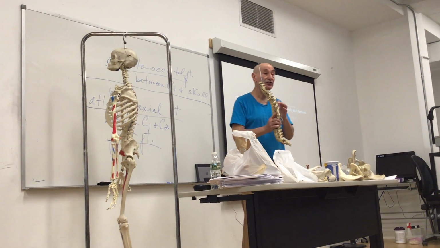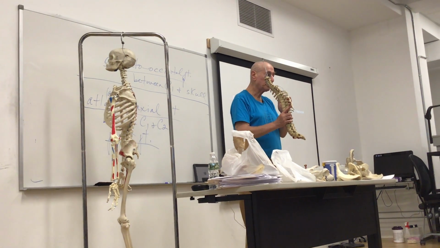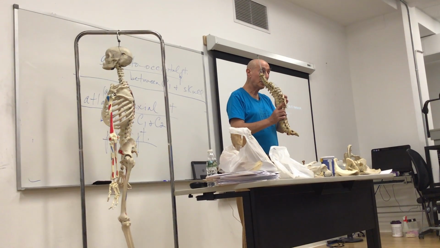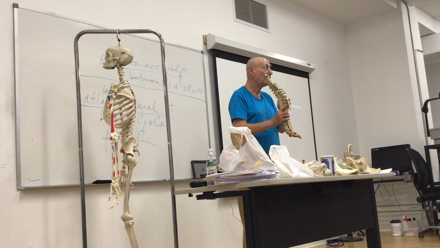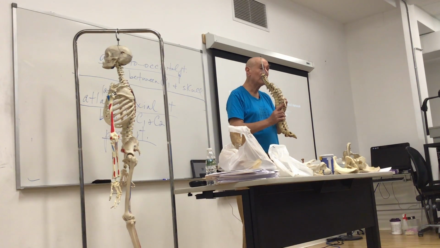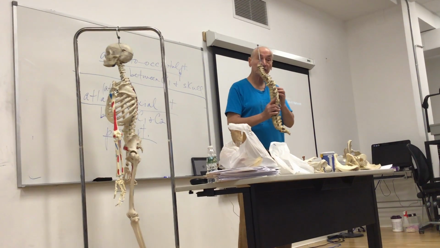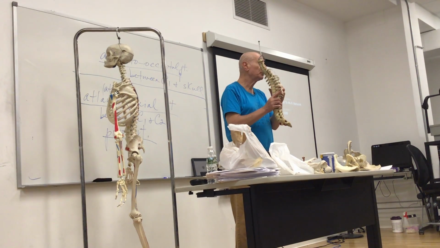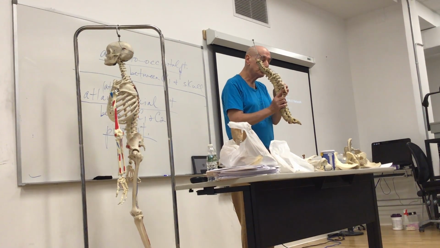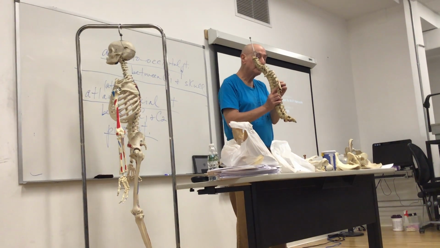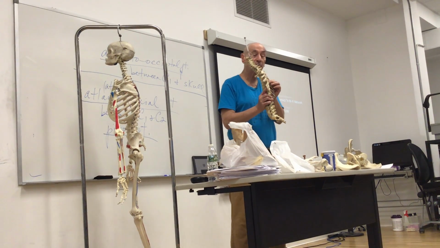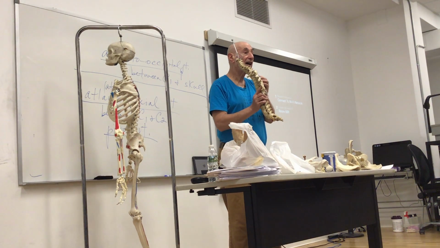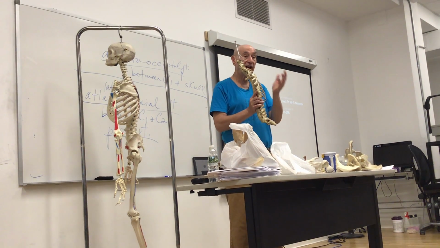Tubercle T to T. Tubercle of rib to transverse process, that's costotransverse. All of them are called costotransverse joints. They're all gliding synovial. So the tubercle of every rib to the transverse process of the corresponding number of thoracic vertebra, collectively those are costotransverse joints, gliding synovial.